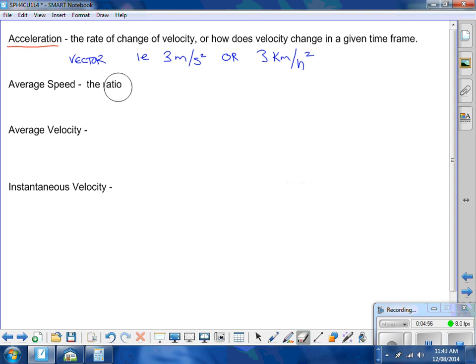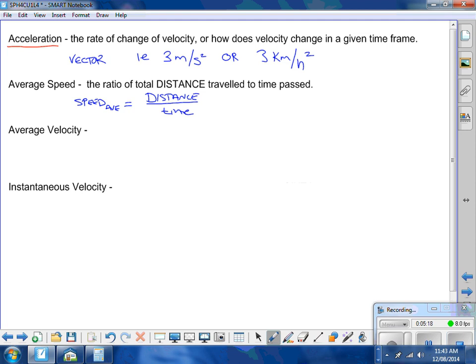Average speed. It is the total distance divided by total time. So average speed is distance over time.